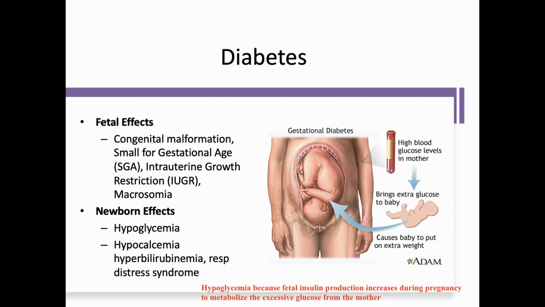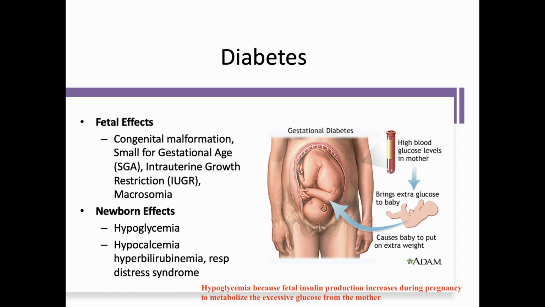Our fetal effects, right? So it can lead to certain malformations in the development of the baby that are going to lead to defects, birth defects, small for gestational age, IUGR, and then macrosomia. Newborn effects, right? So once the baby's born, hypoglycemia is going to be the big one, really, right? It will also increase their risk of respiratory distress and jaundice.